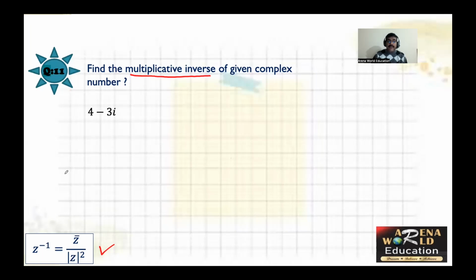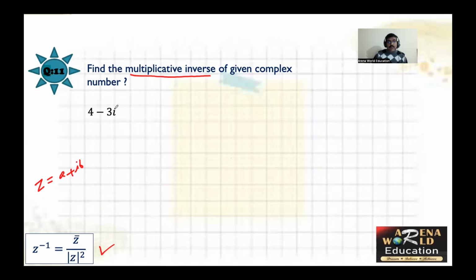If we have to find the inverse of Z, where Z is equal to A plus iota B, then Z inverse will be: first of all, we find its conjugate, then we divide it by the square of the modulus of this complex number, right?